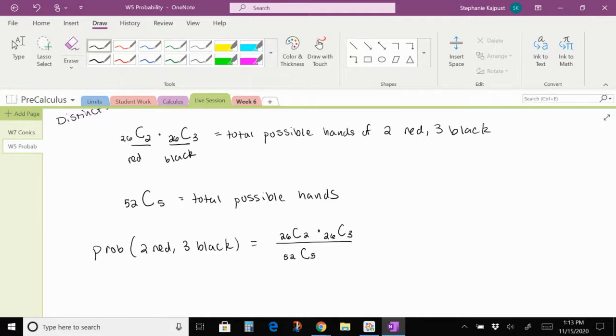This is the third type, where you're picking multiple categories and they're not independent, so you have to use your counting problem setup where you're multiplying, and then that is on the top of the fraction, and then you have the bottom as the total. So this is a third common setup that you see, and that card problem demonstrates this setup, and this is another way that you can do it with just a deck of cards.